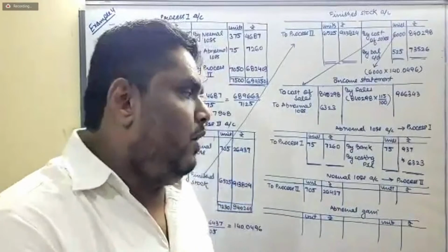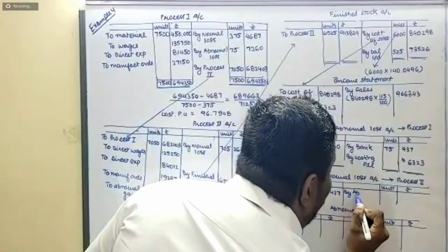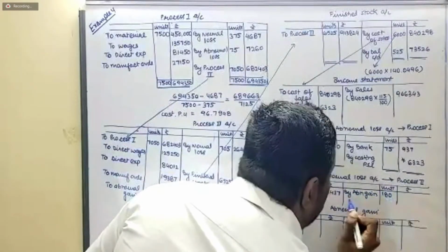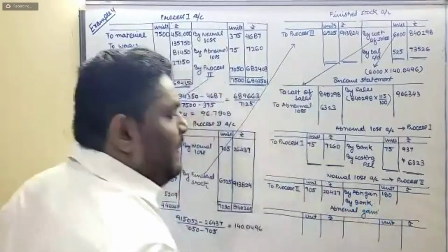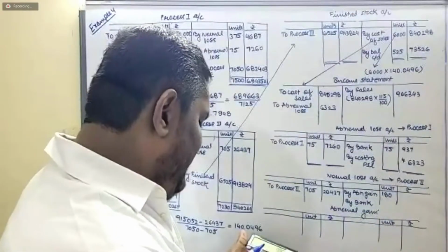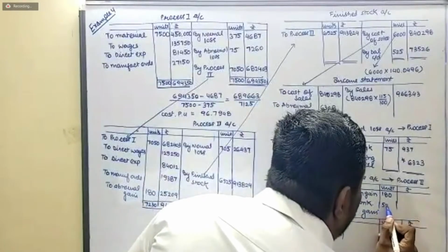It means only the remaining units are sold in the market. So by abnormal gain 180 units, only the balance units are sold in the market, that is by bank, 705 minus 180, that is only 525 units are sold in the market.